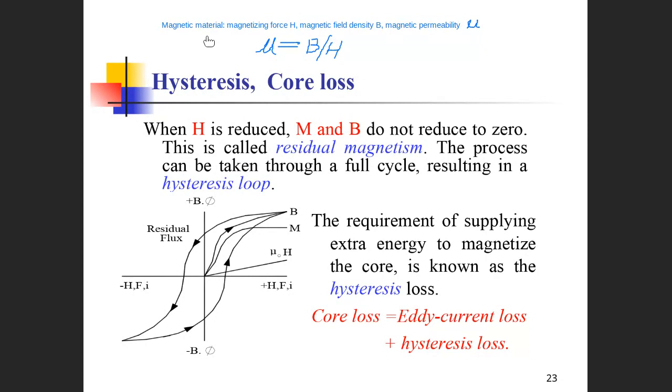So the magnetic material's permeability mu is the ratio of B over H. That's the nature of the magnetic material. Remember, this is the key word of the magnetic circuit. This is the key.